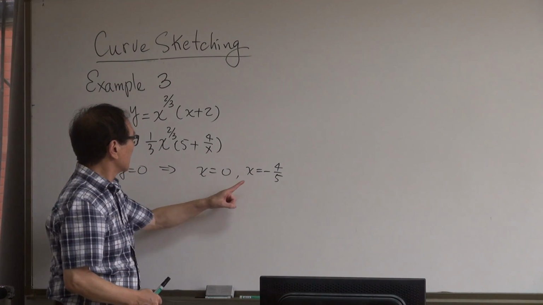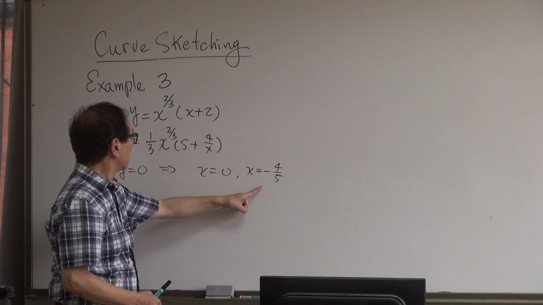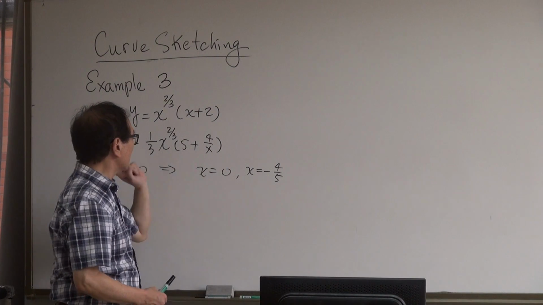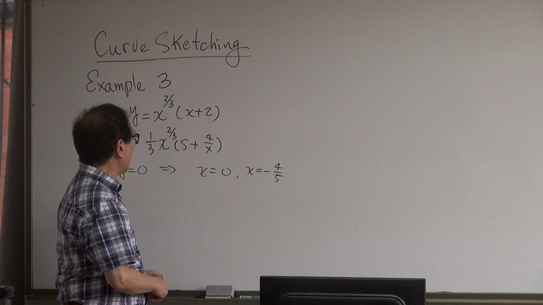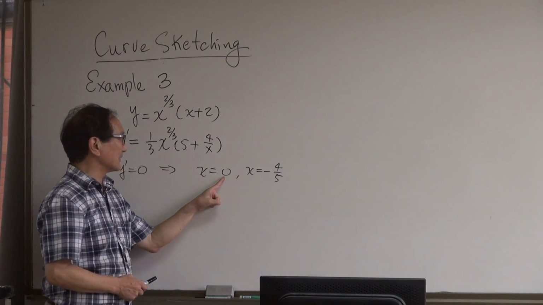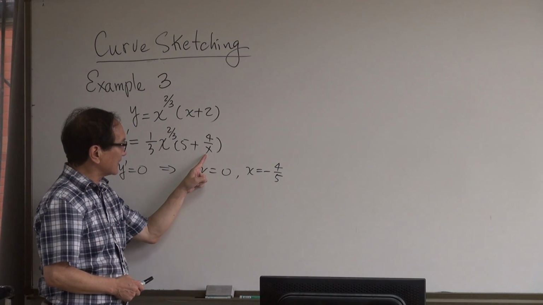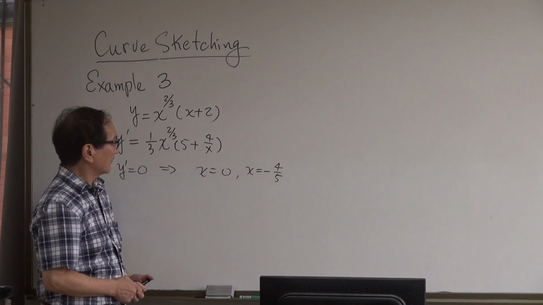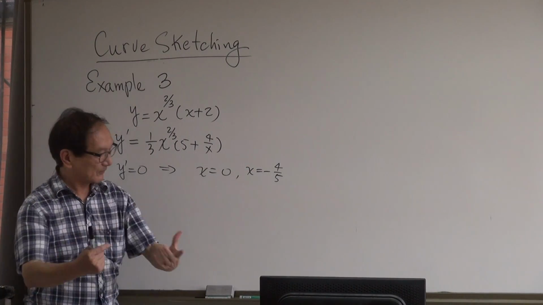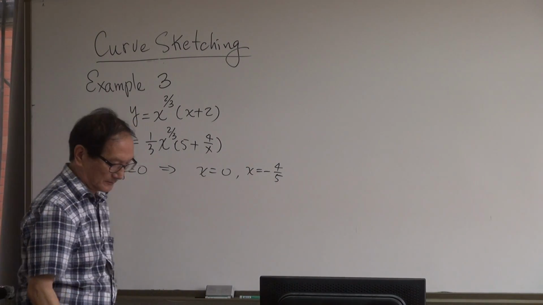So at this point, the derivative is equal to 0. That's what we're interested in. And why do we need x equal to 0? Because there the derivative does not exist. When x equals 0, this one does not exist. So those 2 points are what we are interested in.